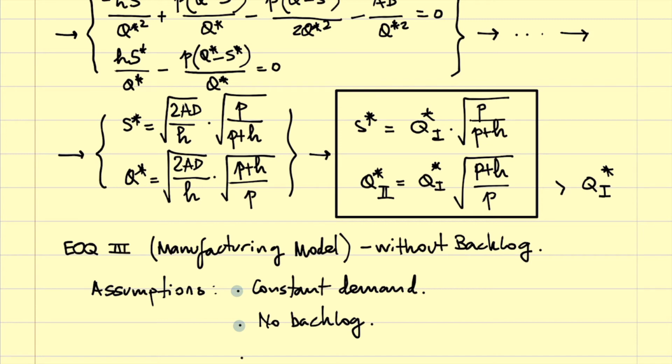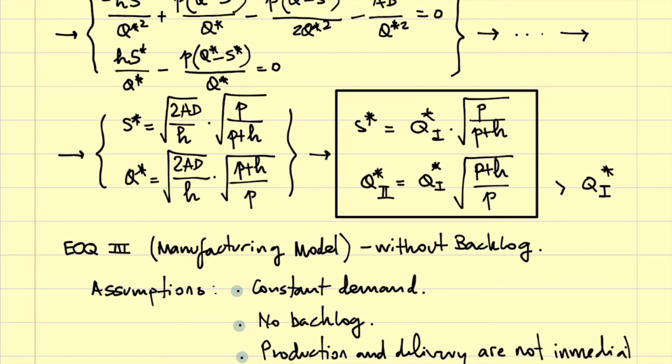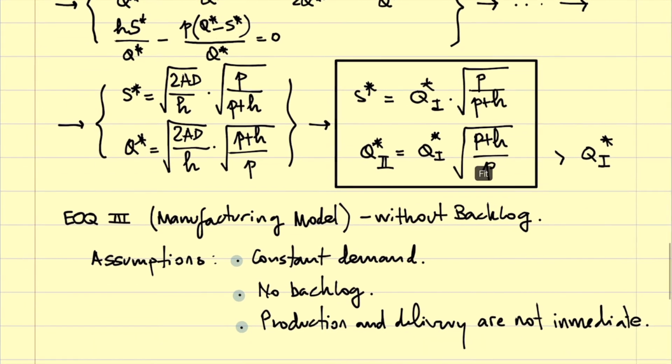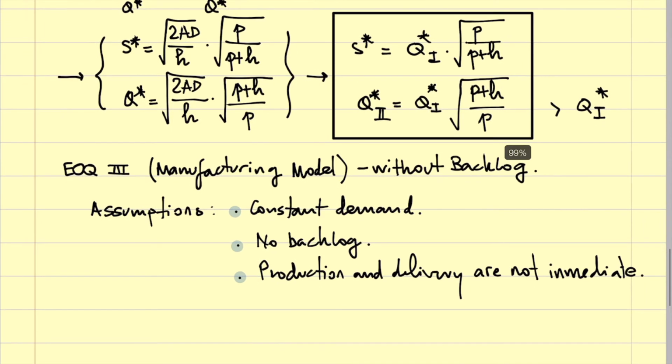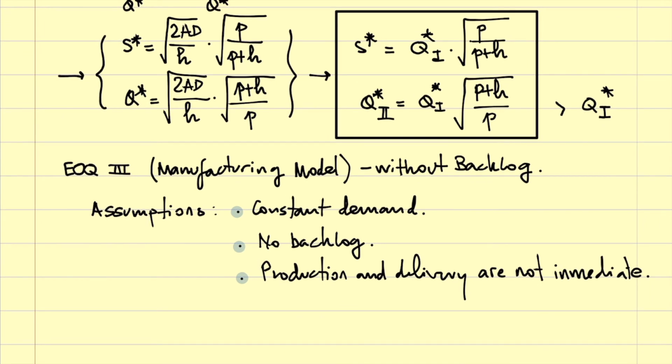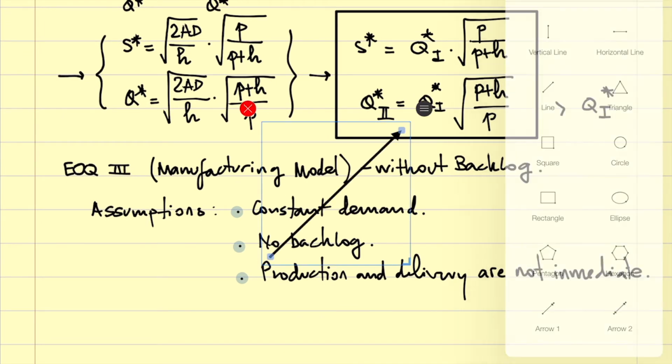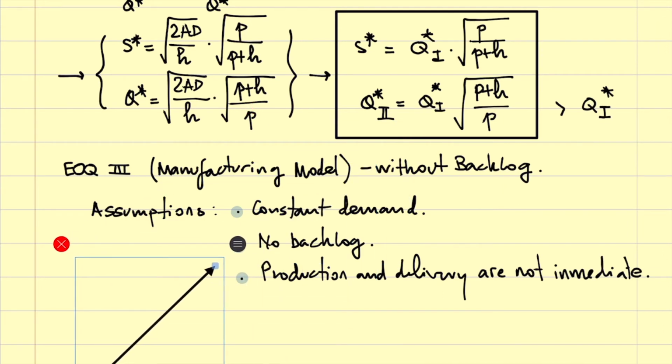And now the production and delivery are not immediate. So it takes some time to deliver the product. How does the equation look like? Looks like this.